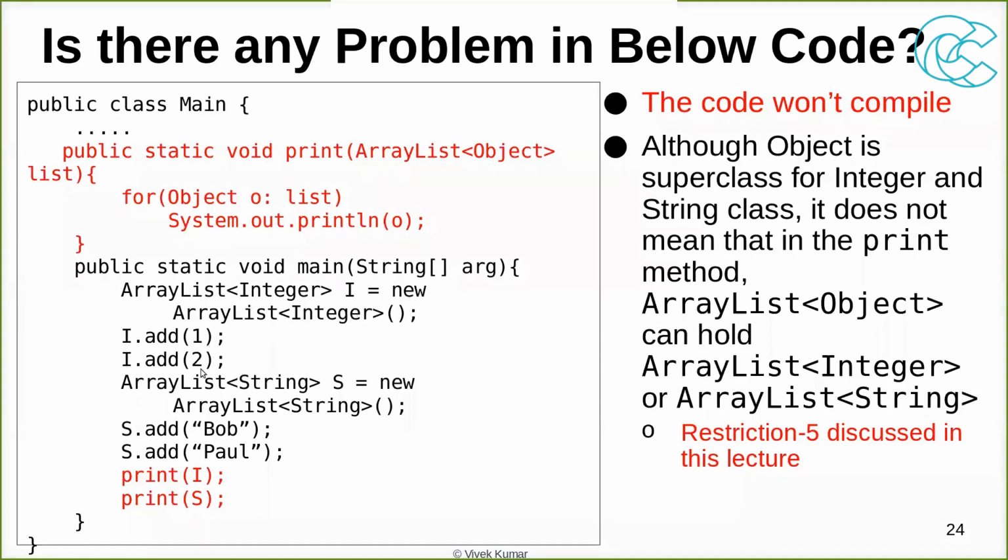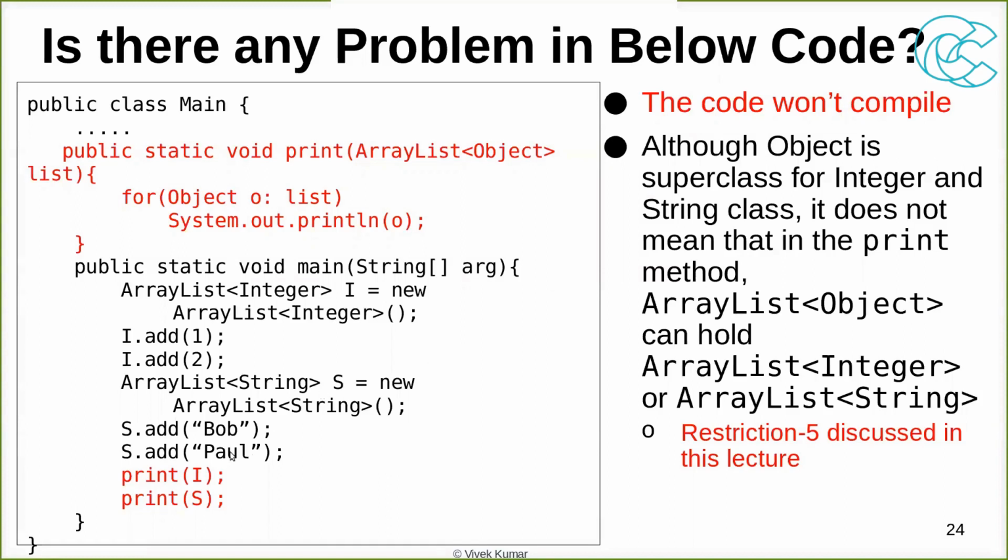You added 1 and 2 to it. You created a string list. You added 2 strings to it, Bob and Paul. Now you want to print both the lists. So you simply said print I and print S. So in the print method, it's supposed to iterate, like I said, over each element and just print it, right? So now the question is, is this code correct, or will this code compile?